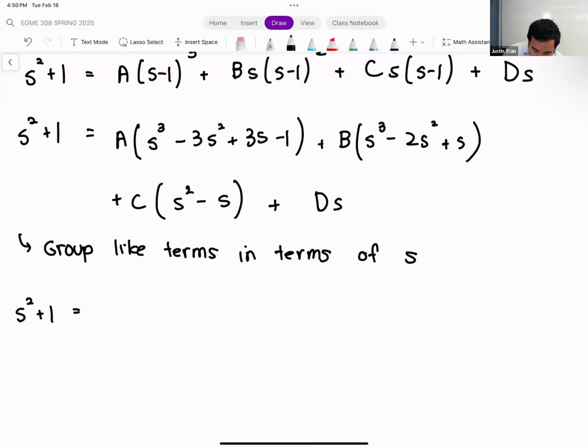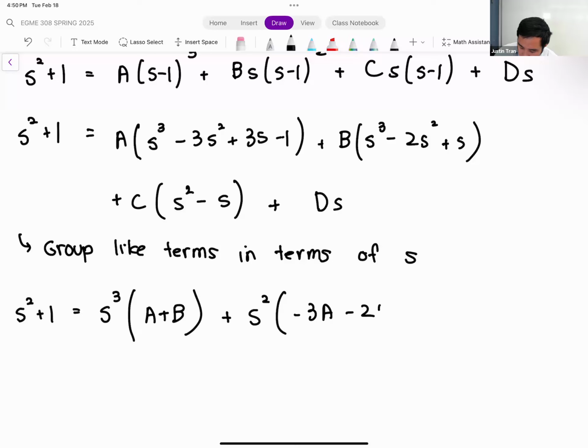On the right-hand side, let's group together everything that's s cubed. For s cubed, we have 2 terms, just a plus b. Then we have the s squared term. For s squared terms, we have minus 3a, minus 2b, plus c.